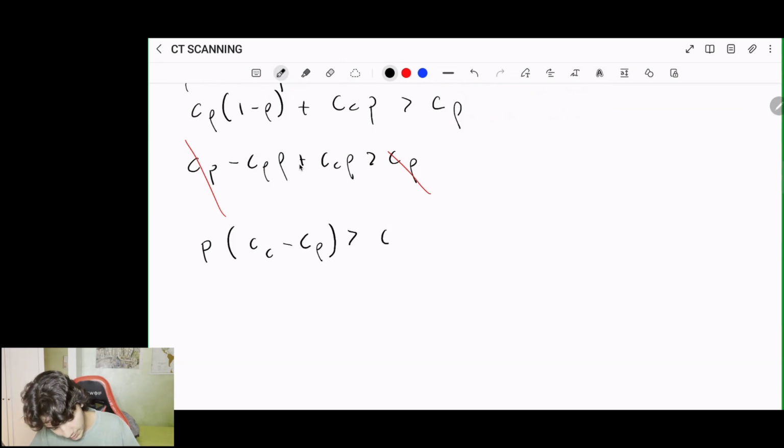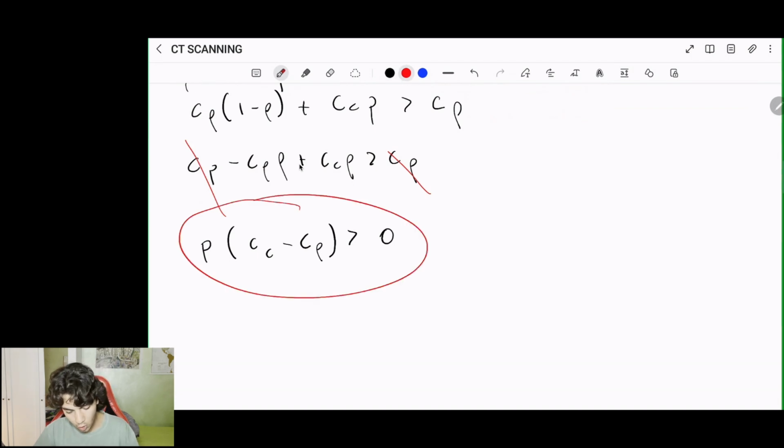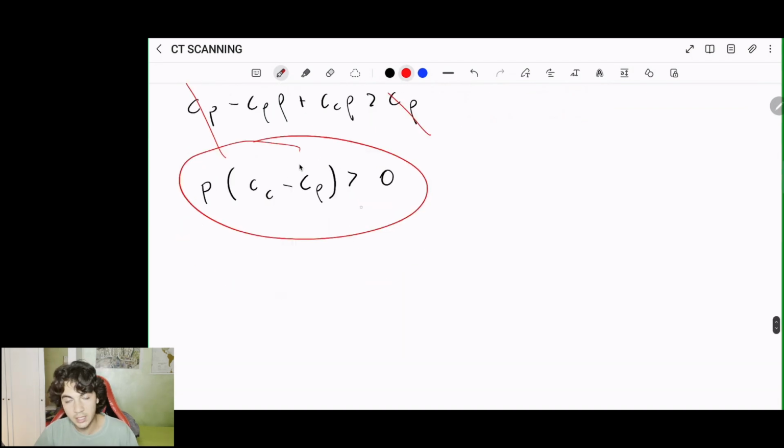So what does that mean? This inequality is telling you when this is greater than zero, you're making money, and we're assuming that the cost of scanning is zero, so it's free. So if scanning is free, when this inequality is satisfied, then you're making money.